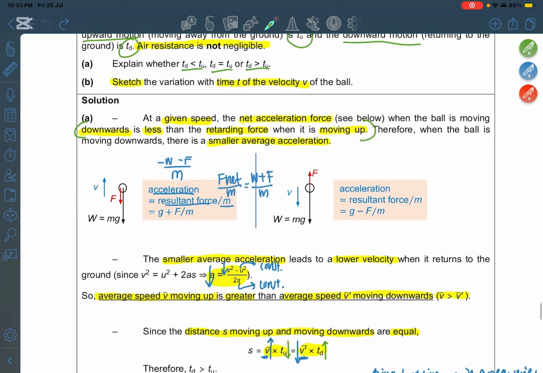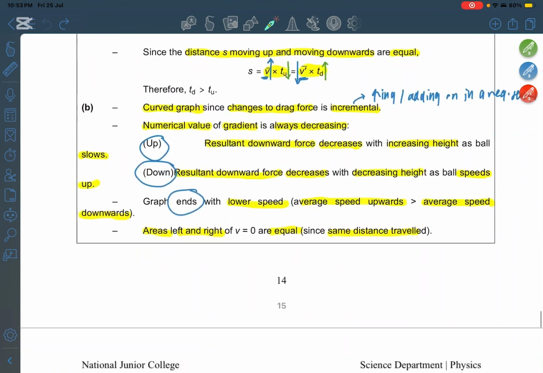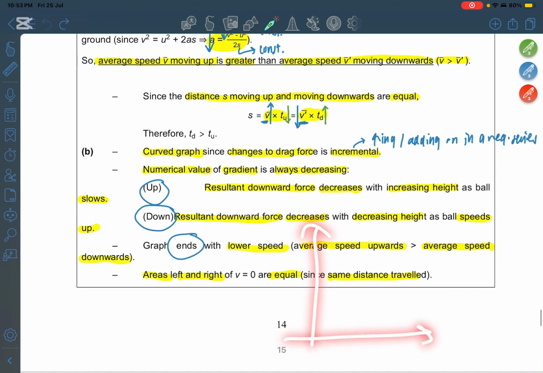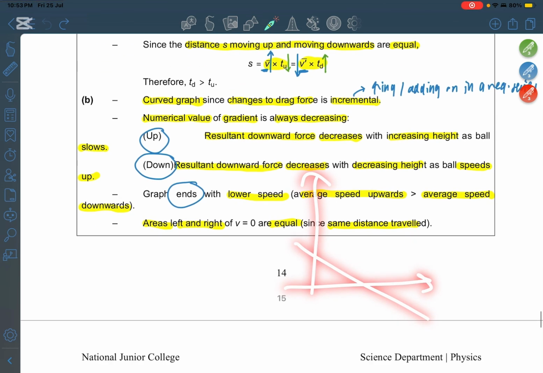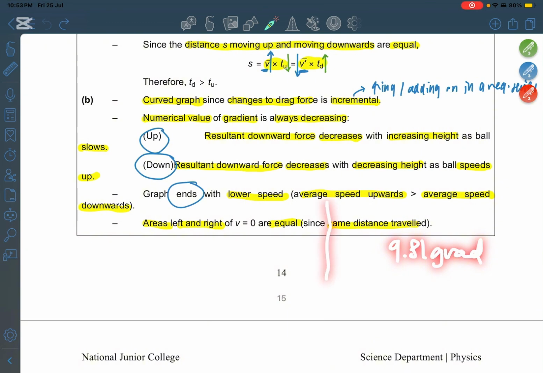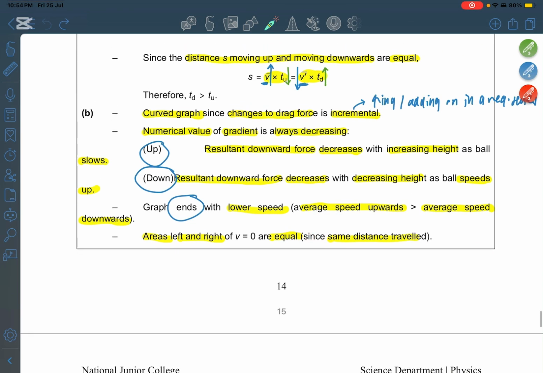But for velocity against time, it's supposed to look like this, with 9.81 gradient, and it hits 0 when it is momentarily at rest and continues on. That's without air resistance. But with air resistance, it's going to be a curved graph. So this is approximately what happens.